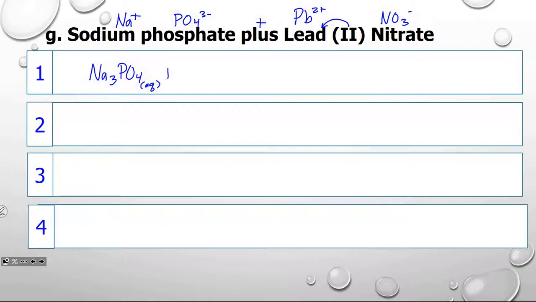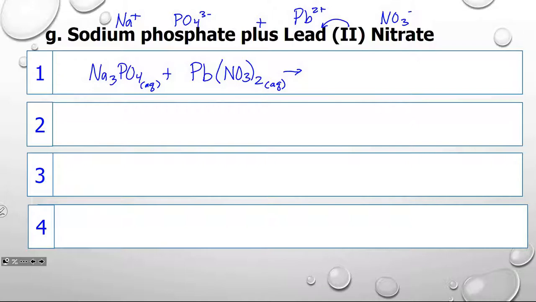Then we're going to go plus. We got Pb plus 2 and NO3 with a minus 1. So this time I'm going to need 2 of the minus 1s to add to the plus 2 to add to 0. So we're going to go Pb(NO3)2. And this is a nitrate. That's the N in NAGSAG, and it is aqueous.